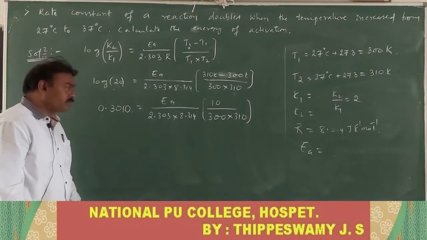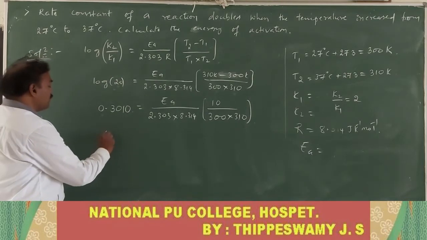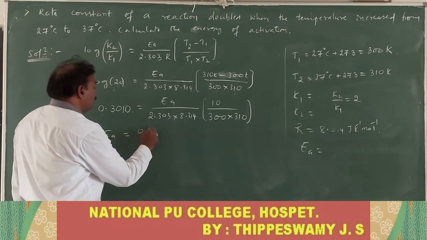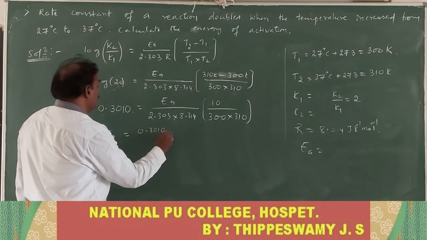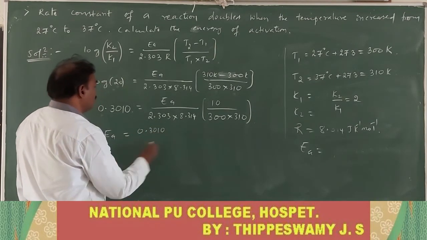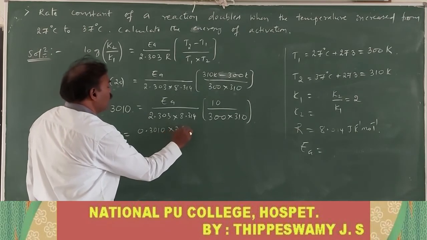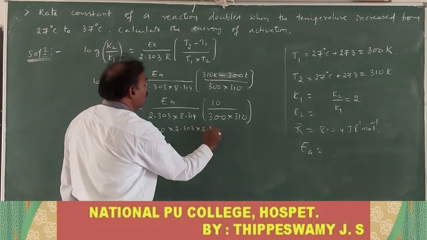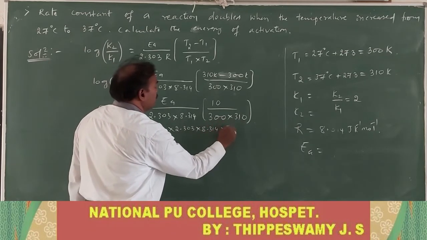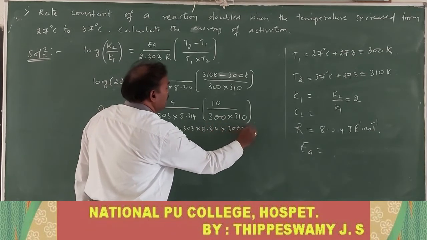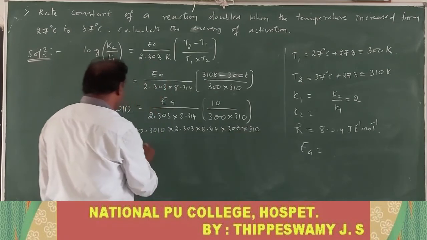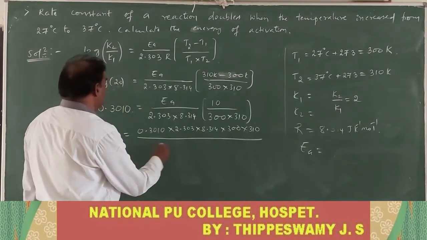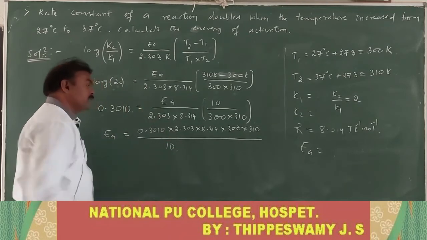Following all of you? Okay. Now what is the value of Ea? Ea is equal to 0.3010 into 2.303 into 8.314 into 300 into 310, whole divided by 10.